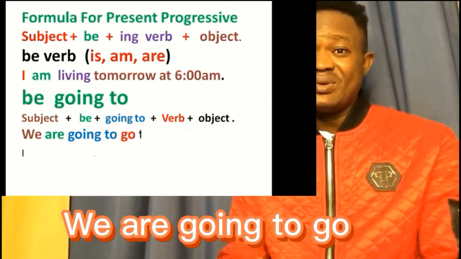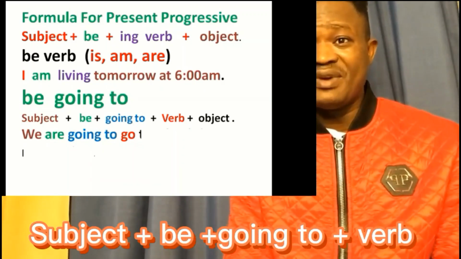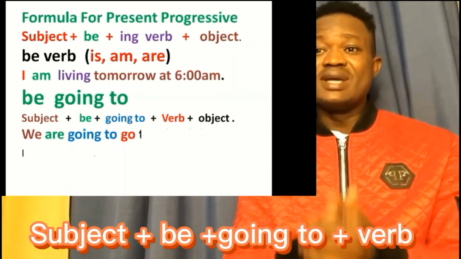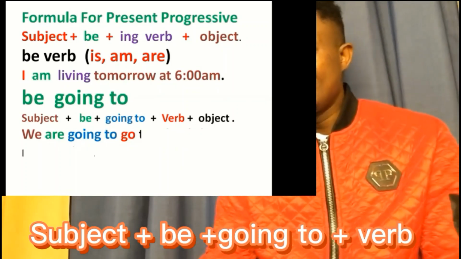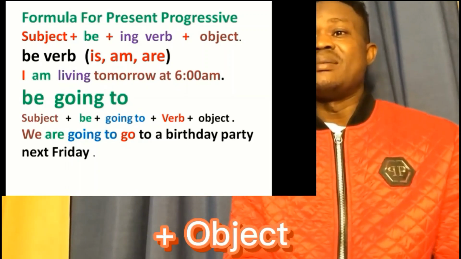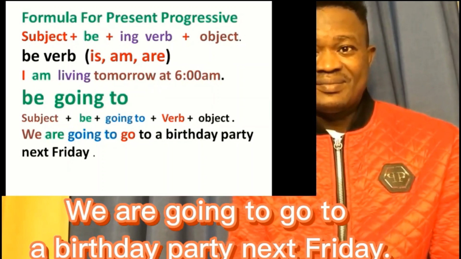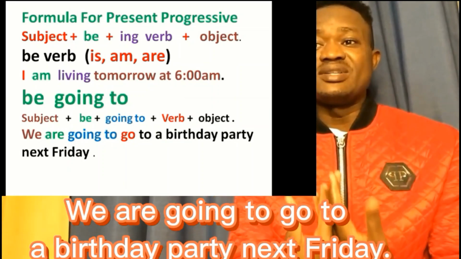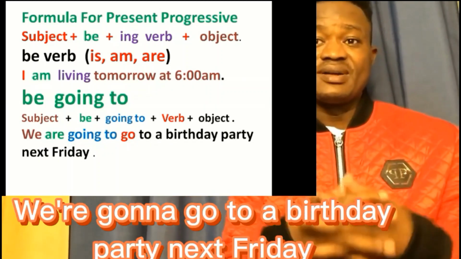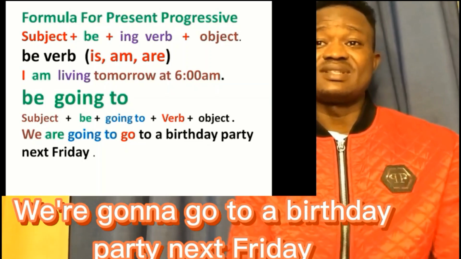We are going to go. We is a subject, are is a be verb, going to, that is the going to, go is the verb. Okay, all right. The object is to a birthday party next Friday. Okay, so we are going to a birthday party next Friday. We gotta go to the birthday party next Friday, when you're saying it fast.